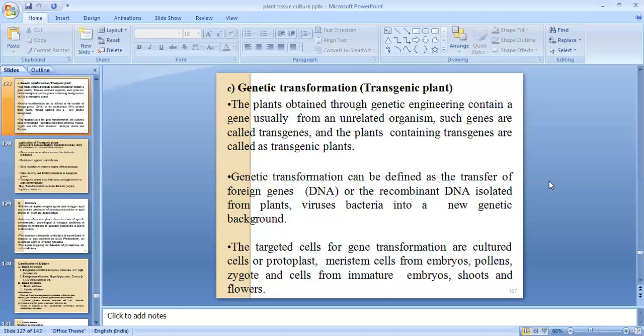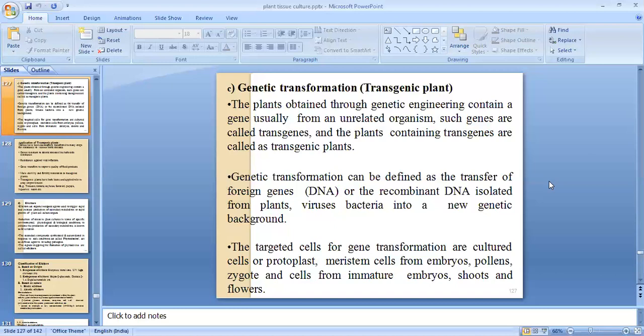The targeted cells for gene transformation are cultured cells or protoplasts, or sometimes meristem cells from embryos, or pollens or zygotes, or sometimes cells from immature embryos, or cells from shoots or flowers.